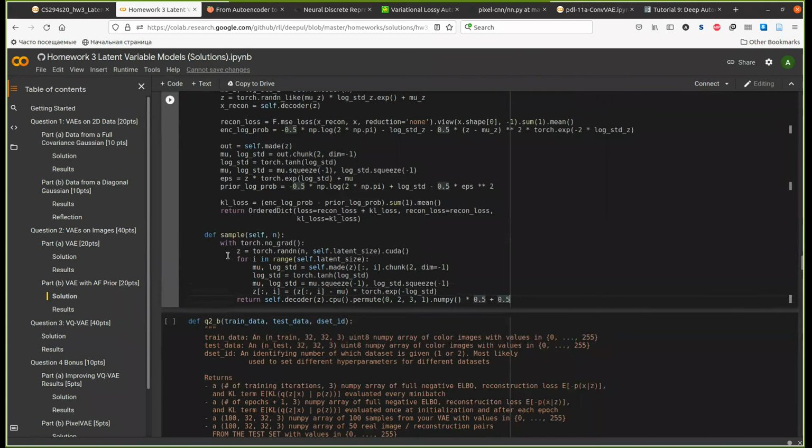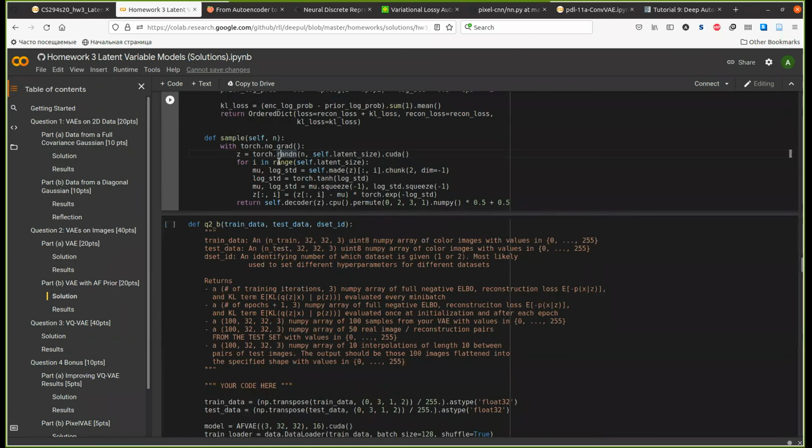So what we achieve here is we take a normally distributed random variable and we do this inverse flow to our posterior latent variable, right?